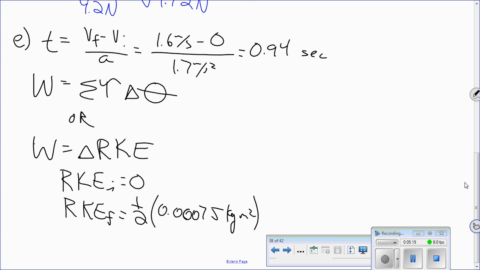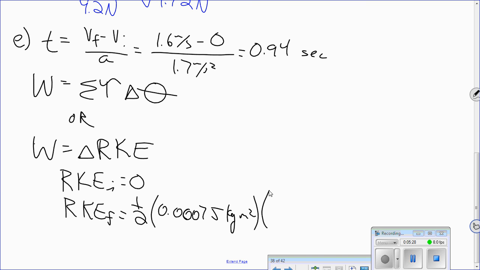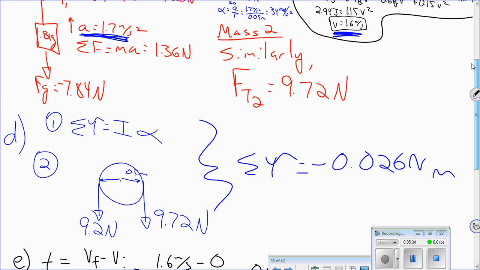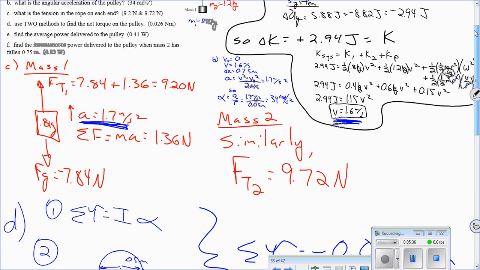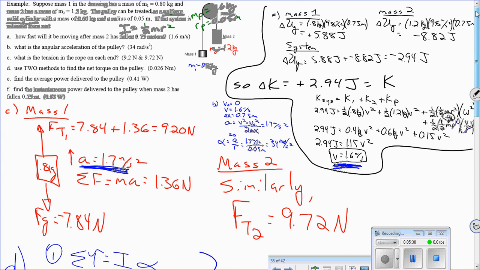And then omega, I don't know my omega yet, but I know v is 1.6. So I can just use 1.6 meters a second over my radius. What was the radius of the pulley? We're almost done here, you guys. 0.05.